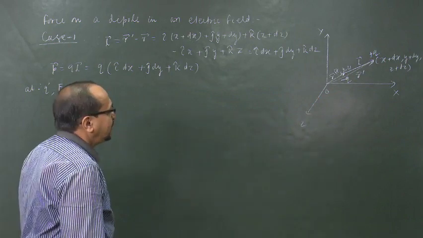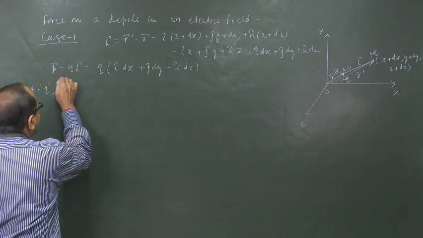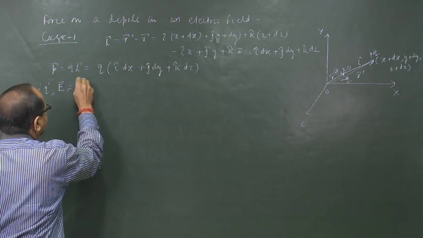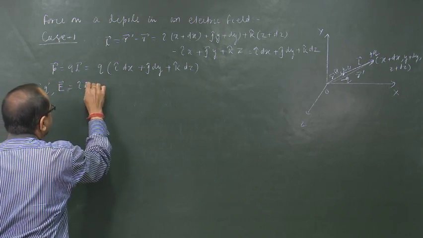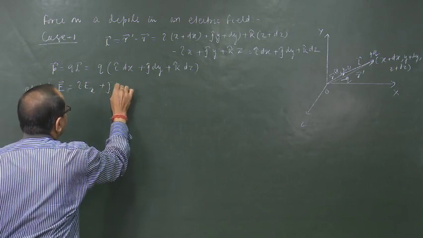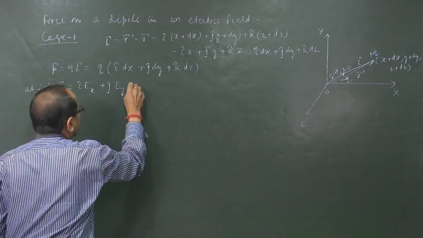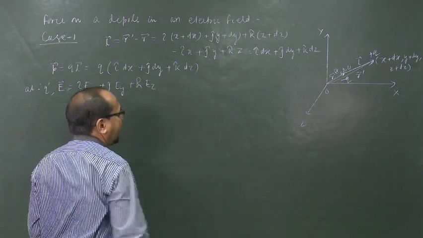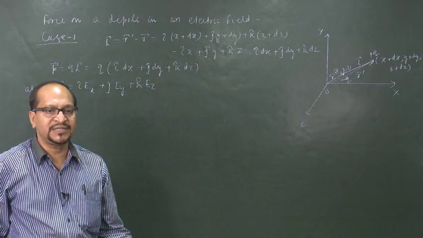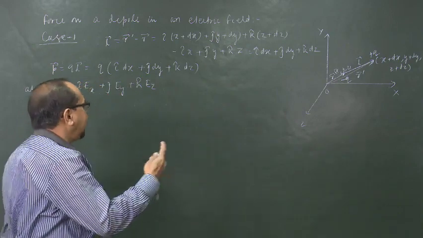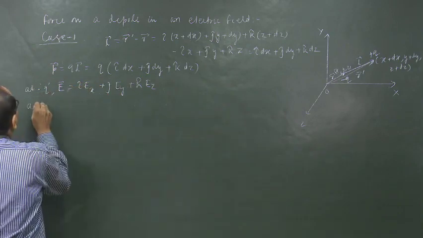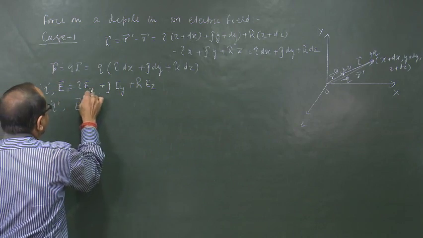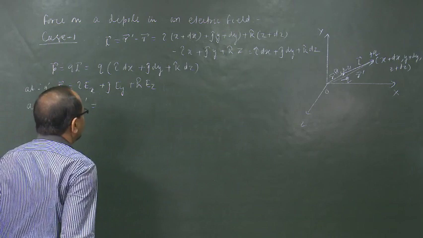Electric field has x, y, z components: i cap E x plus j cap E y plus k cap E z at the location of the charge minus q. And let the field at plus q be E dash.